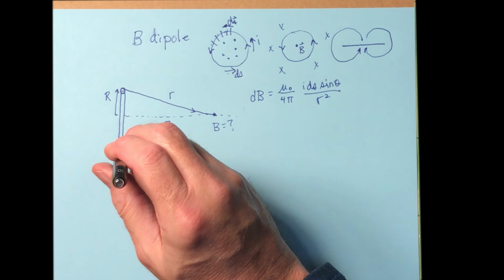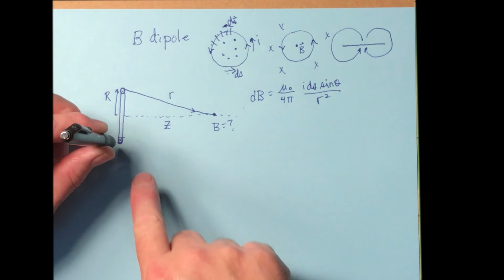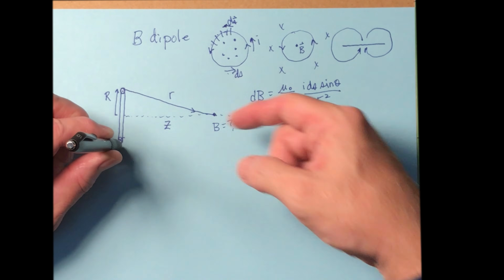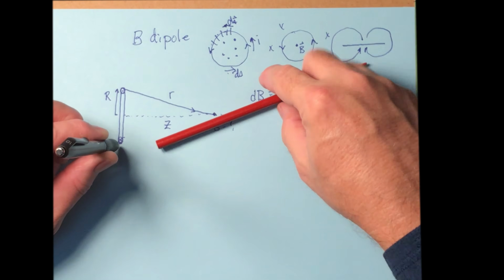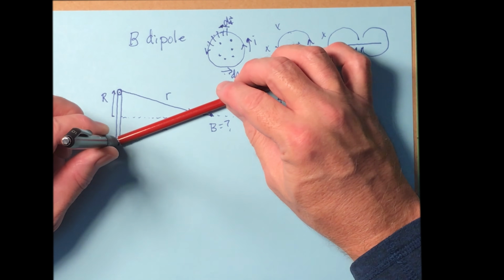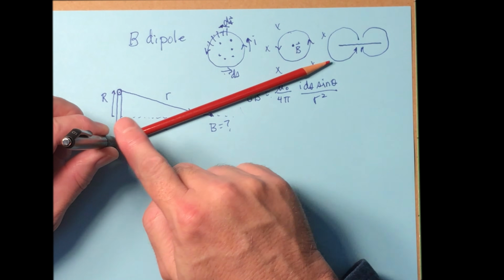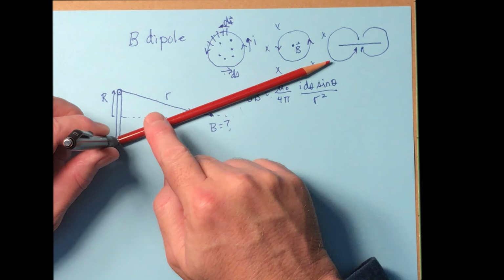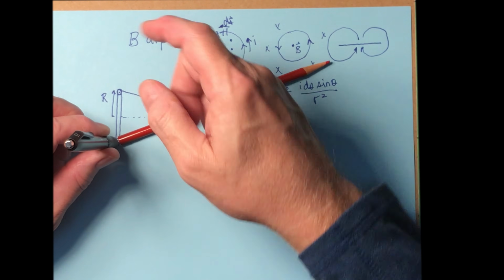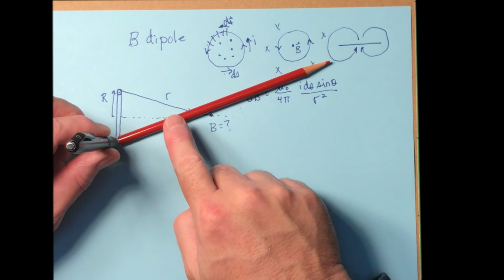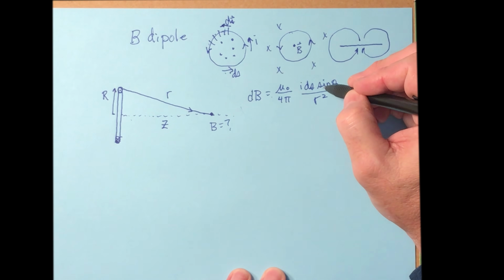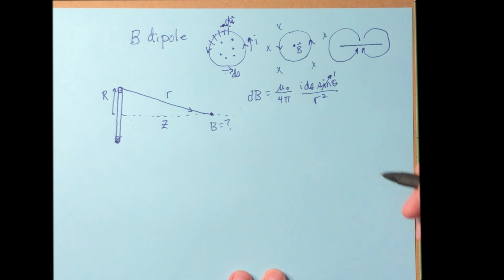This represents the r vector, my pen represents the ds vector. This angle here, that's kind of hard to see, is going to be 90 degrees. It's not any other angle. And it's going to be that case anywhere along the loop, so sine theta is going to become 1.